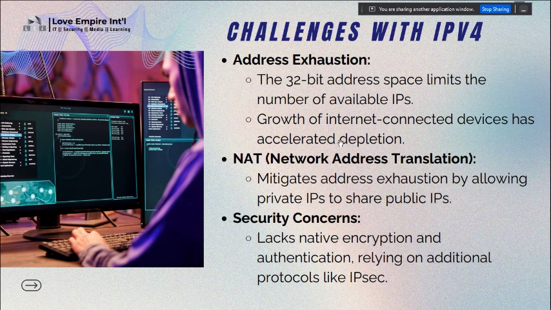So IP version 4 is getting exhausted already. Like at some point there may be no more available IP addresses to assign to devices again. That is why they came up with IP version 6, which is 128 bit.